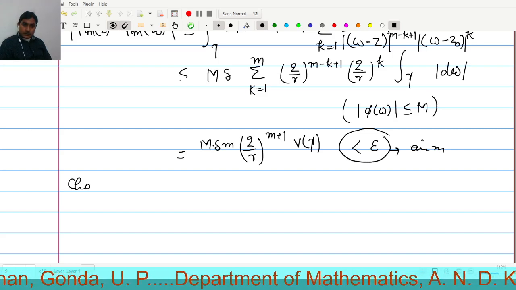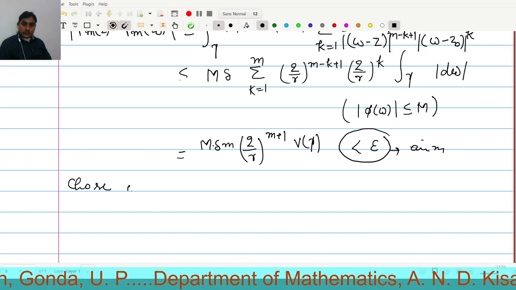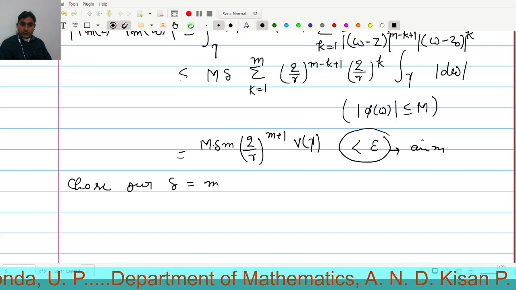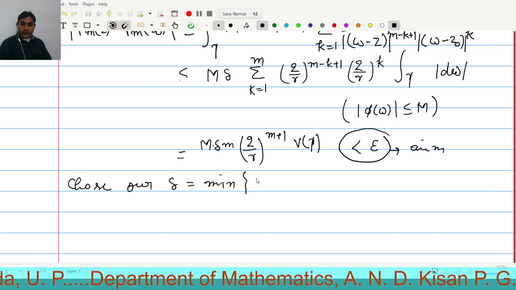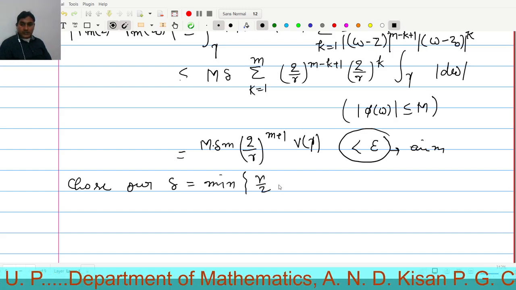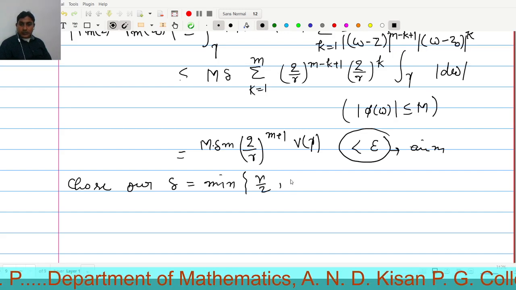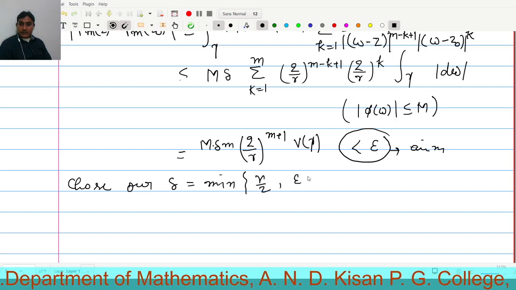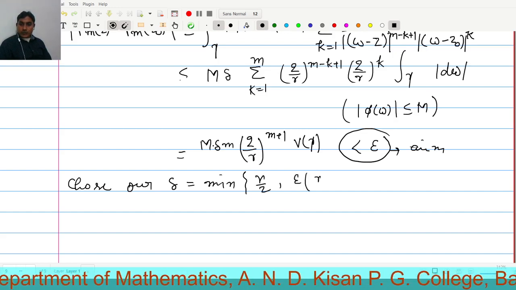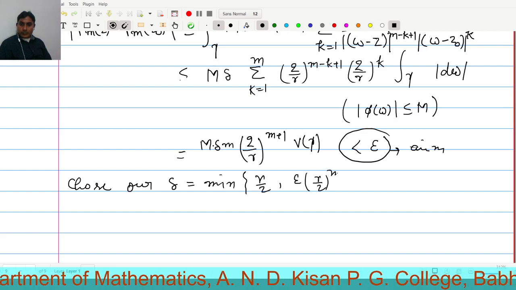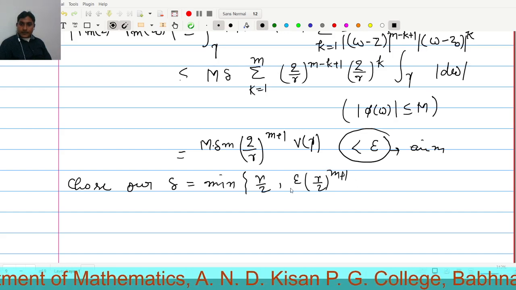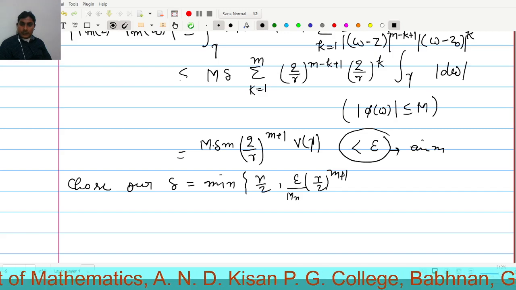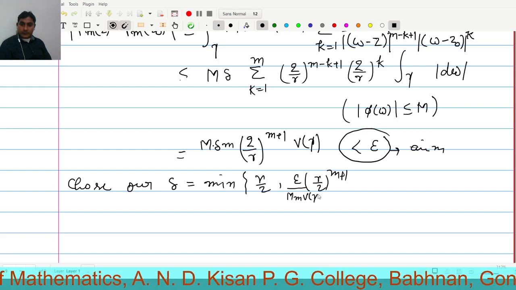Choose our epsilon which is equal to minimum of r by 2, we have already taken this one, and what about this one, if you take, so epsilon into (r/2)^(m+1) upon small m capital M total variation of gamma.